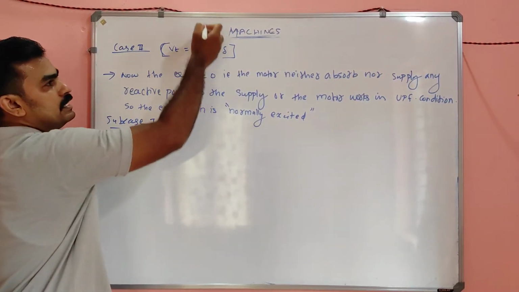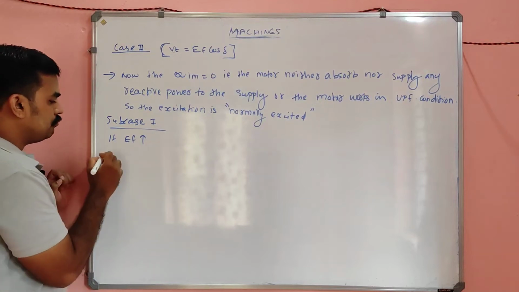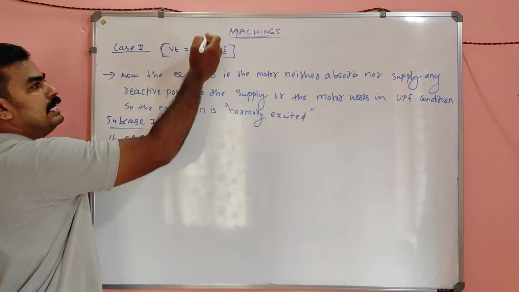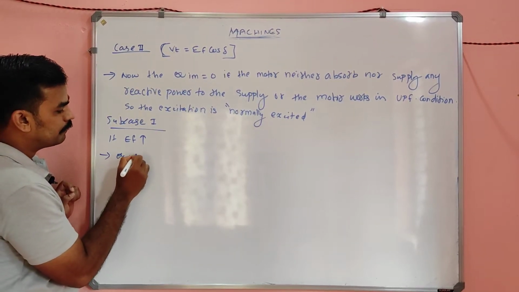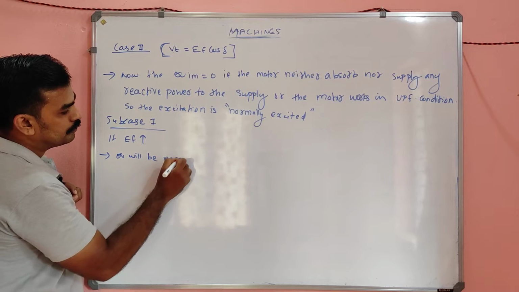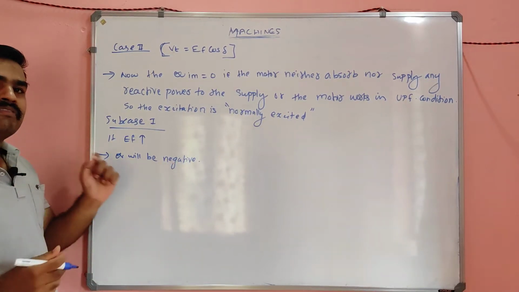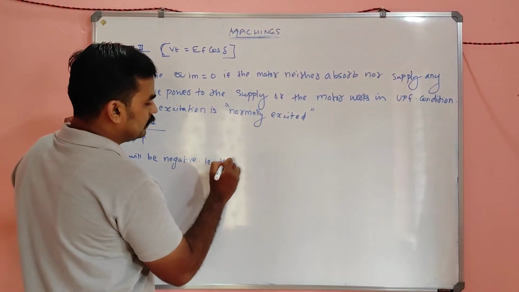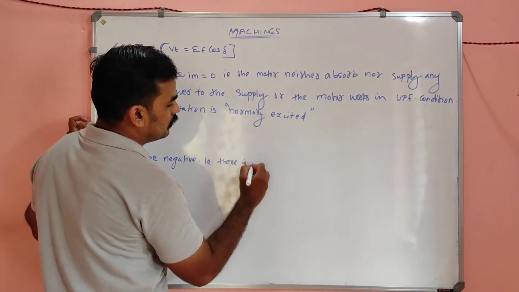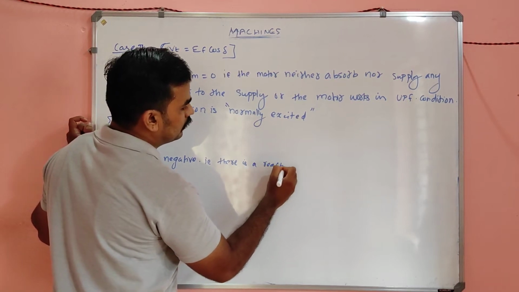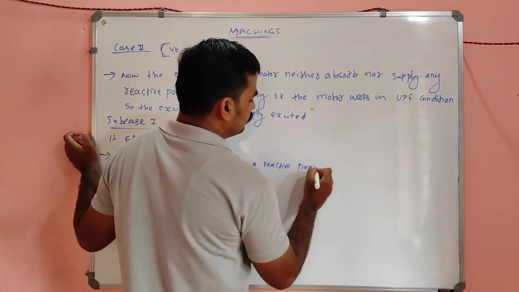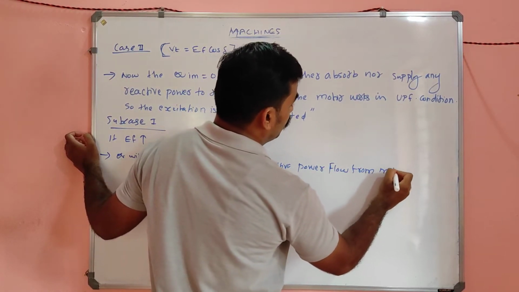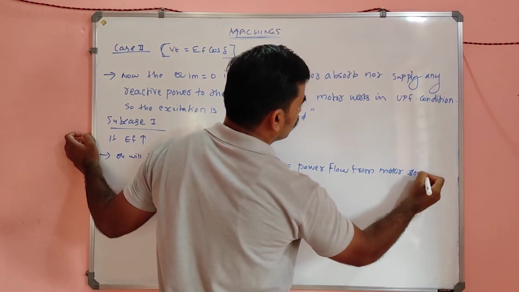This term starts increasing. If this term starts increasing, we already have the Q equation. If this increases, Q will be negative. If Q is negative, what is the meaning? The meaning is that there is a reactive power flow from motor to source.